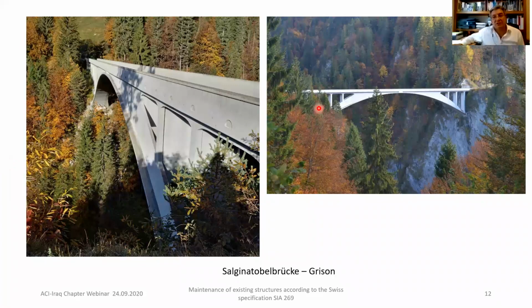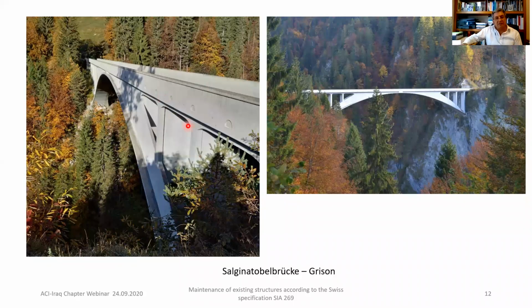This bridge was the first box girder arch bridge that crossed the mountain. In 1991 it was awarded by ASCE as a world monument. The total length of the bridge is 132 meters, and the main span is 90 meters.